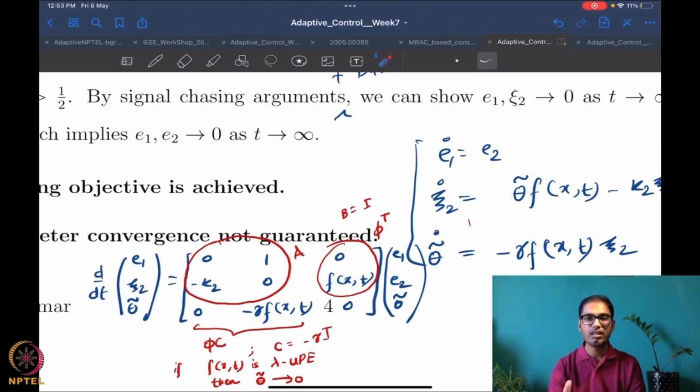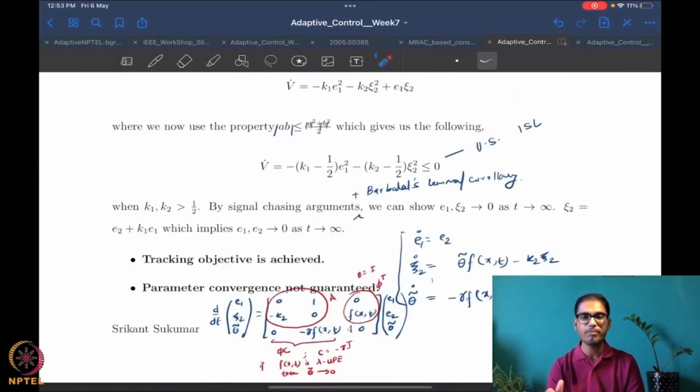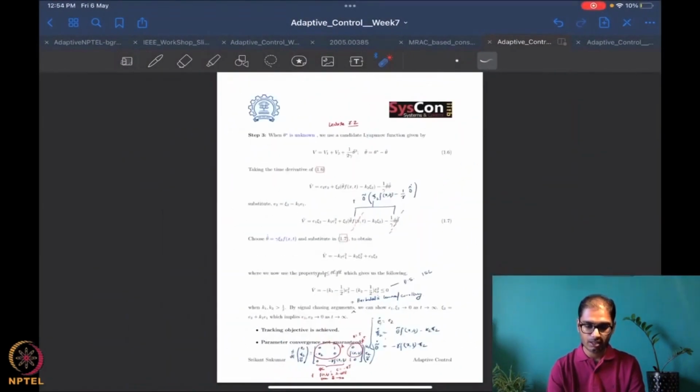This is a standard identification question. Only then is it going to be a persistent reference trajectory. So if your interest is not just in tracking but also in identifying a parameter, then you must use a persistent trajectory with several frequencies.